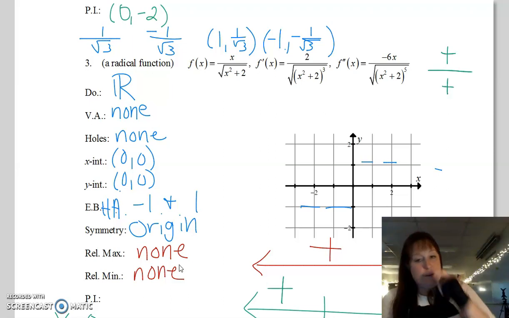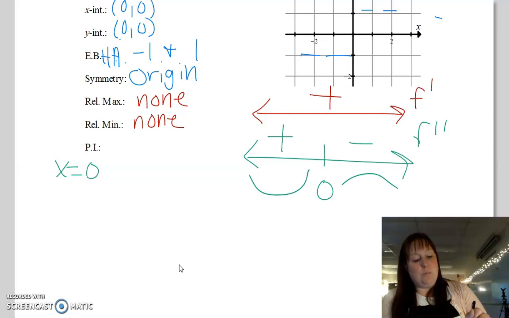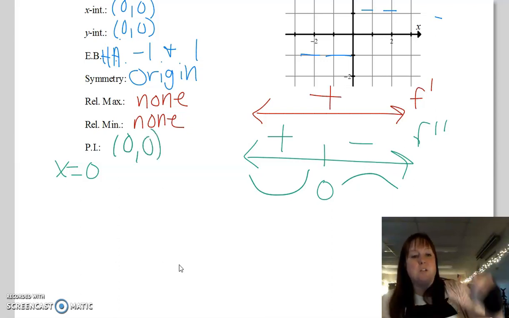So it's positive before 0. After 0, if we put in +1, we get a negative over a positive, so it's negative here. So it goes from concave up to concave down. So our point of inflection is at 0, 0, because when I plug 0 into the original equation, it comes out 0.